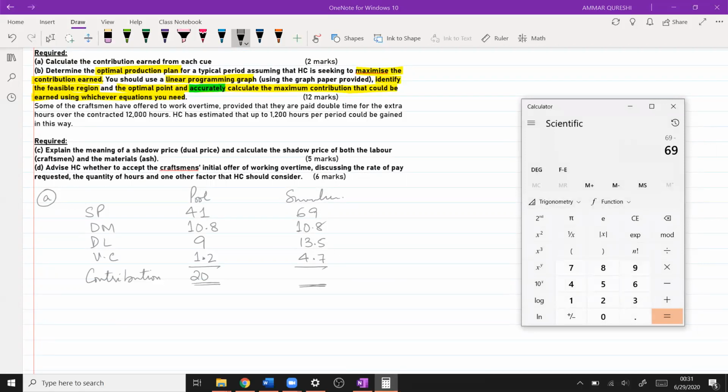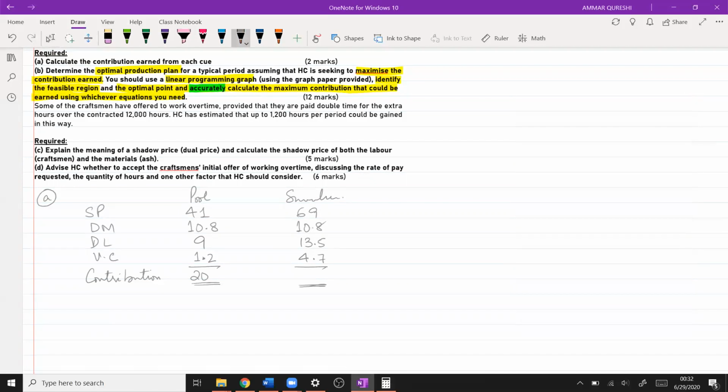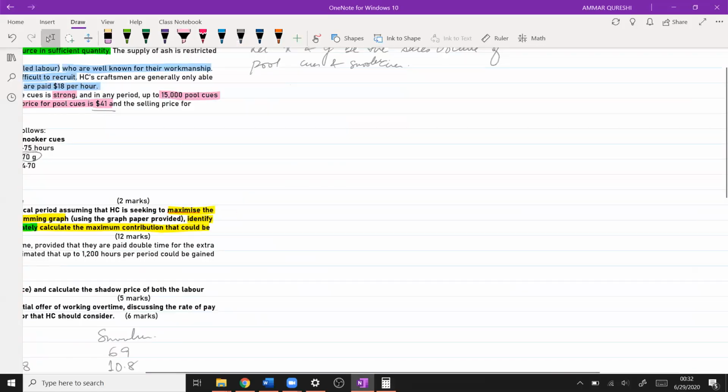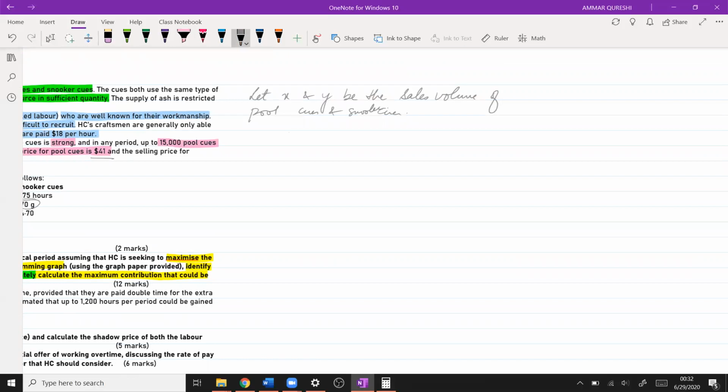And 69 minus 10.8 minus 13.5 minus 4.7 is 40.